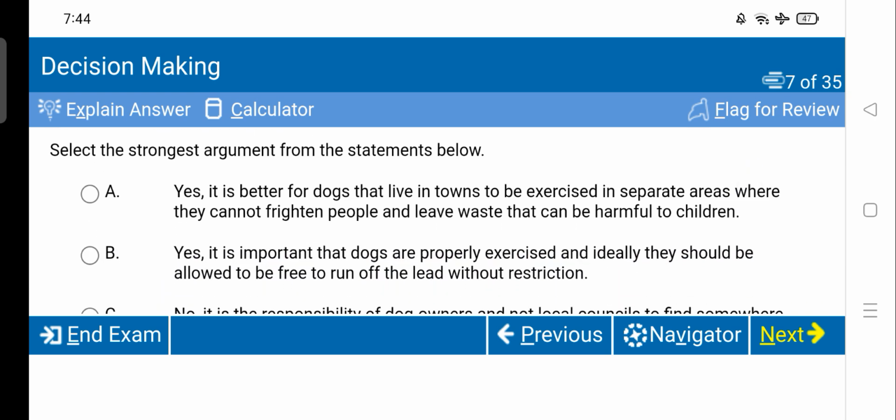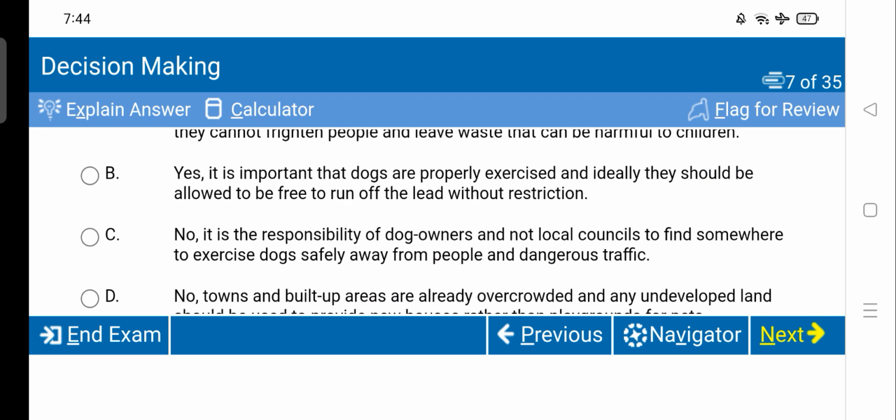Option A, yes, it is better for dogs that live in towns to be exercised in separate areas where they cannot frighten people and leave waste that can be harmful to children.